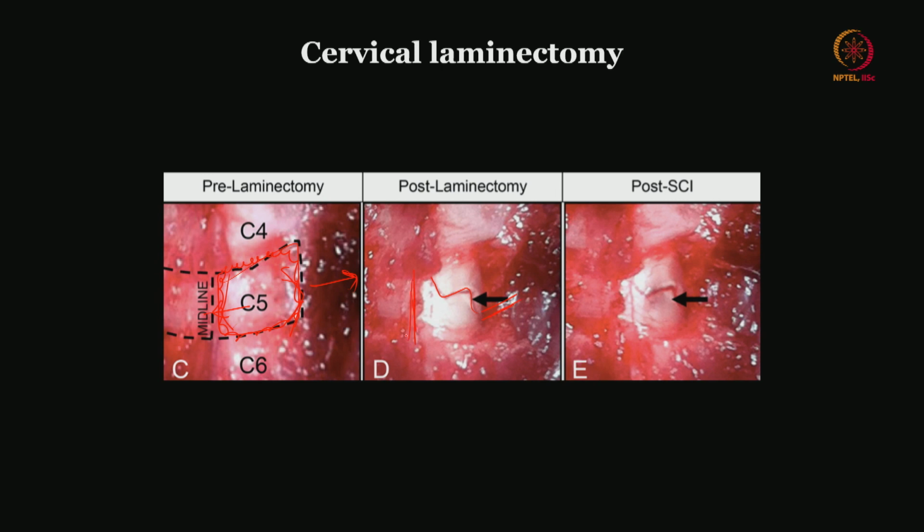This is the midline. As you remember, the blood supply on the dorsum, on the top surface of the spinal cord, comes from the root and then climbs up onto the surface and then supplies the dorsum surface of the spinal cord. So once the dura is exposed, then you can remove that dura if your experiment involves some injections or microdialysis or any sort of experiment which requires exposure of the cord.